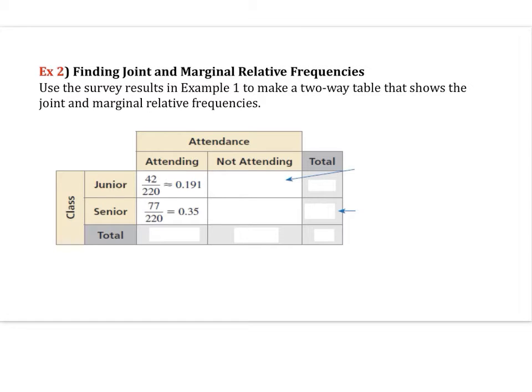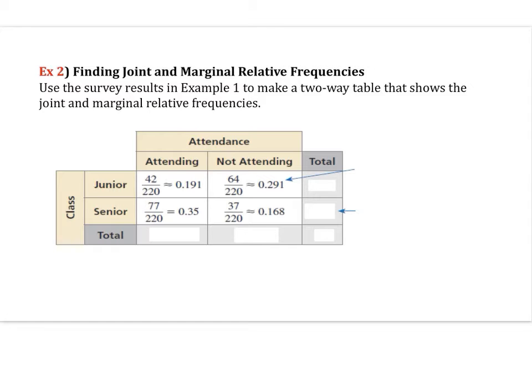That was 77 out of 220, so that's about 0.35. Now let's do our students not attending, so 64 out of 220, and then 37 out of 220. So there are our joint relative frequencies, and that's by dividing each frequency, remember that's the value in each cell, by the total number of students in the survey.